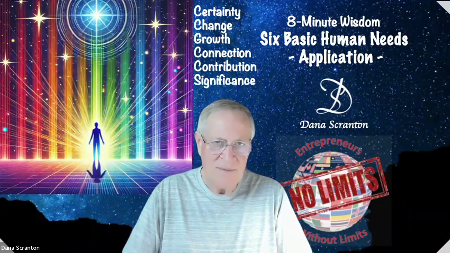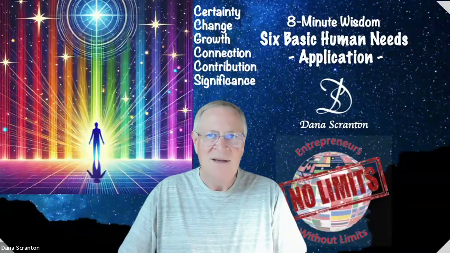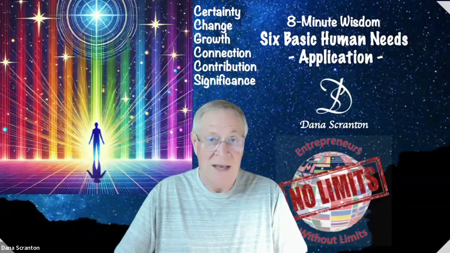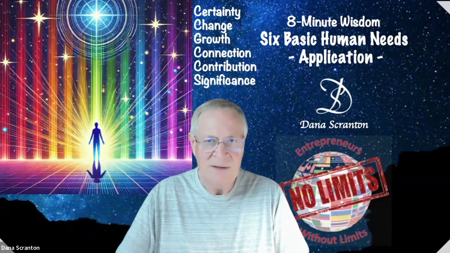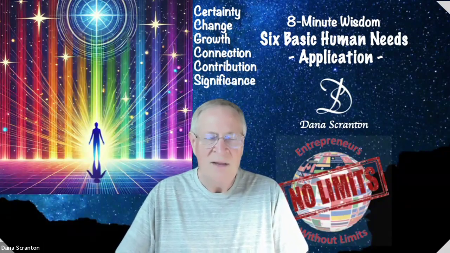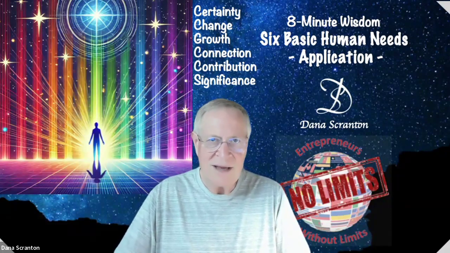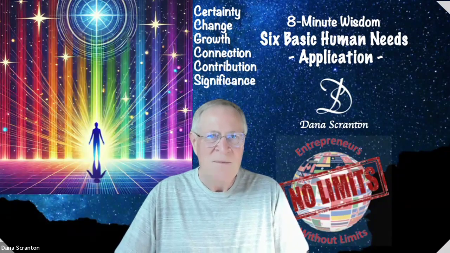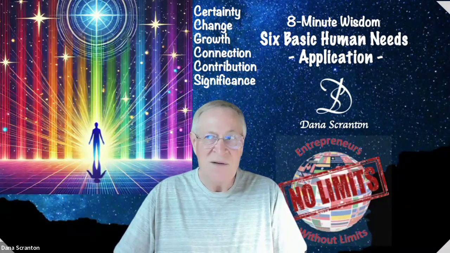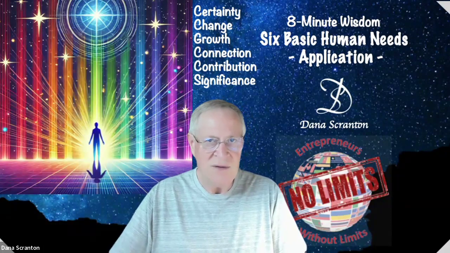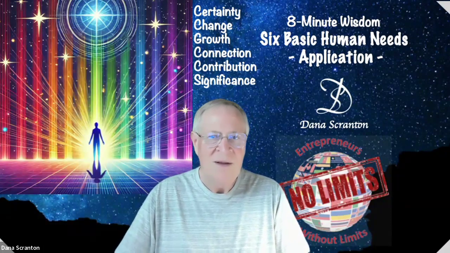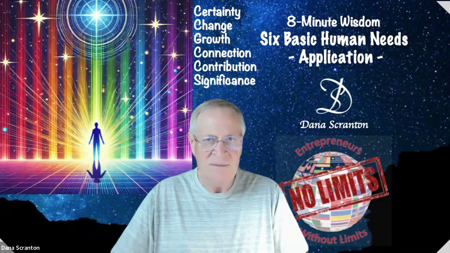Next, connection. We as human beings have a need for connection to other human beings. Yes, there are those who live off the grid out in the middle of nowhere. They're perfectly happy not being connected. There are exceptions to every rule. But in the sense of the marketplace that we seek to address, called humanity, there is a need for connection in multiple areas.